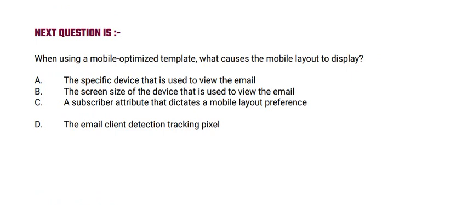Option C, a subscriber attribute that dictates a mobile layout preference. And option D, the email client detection tracking pixel. The correct option is option D.